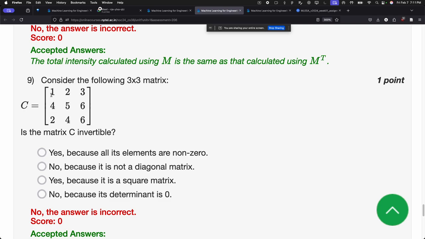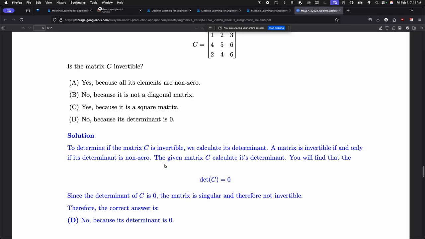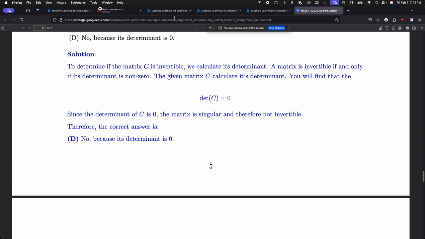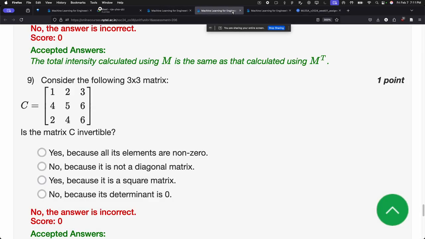So which row depends on the other row? Can anyone tell me? Like how are they not linearly independent? Yeah, this is the 1 into 2, 2 into 4. Yeah, correct. This is basically twice the first row, the third row.